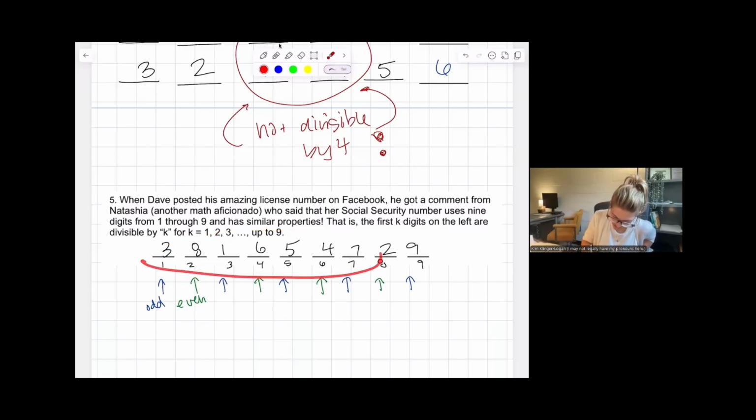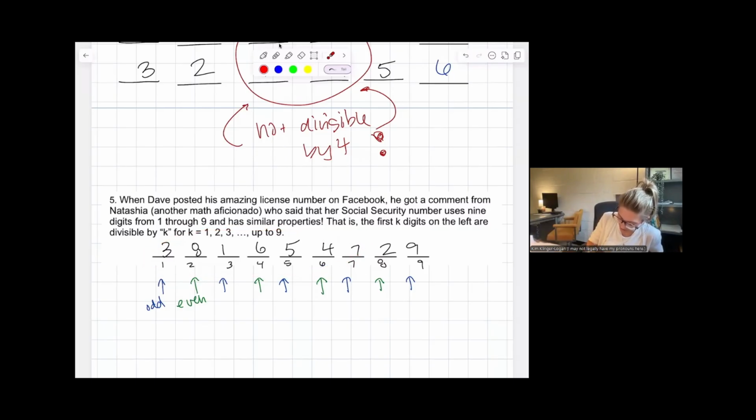We need to check that this is divisible by seven. And there are some divisibility rules for seven, but they're very weird because there's not a great divisibility rule for seven that we usually teach. So this is where I would say, just use your calculator, and that seems to be divisible by seven.